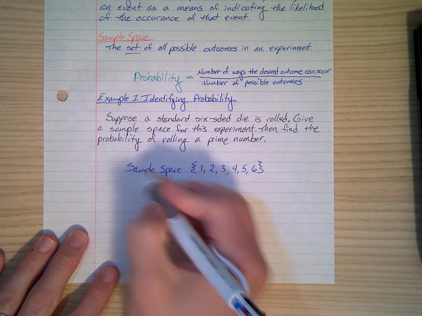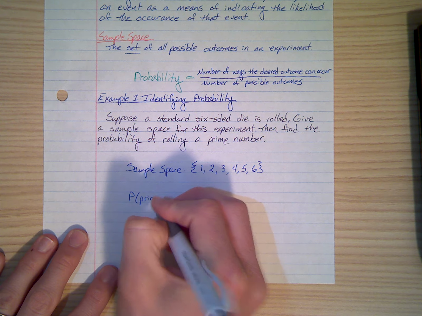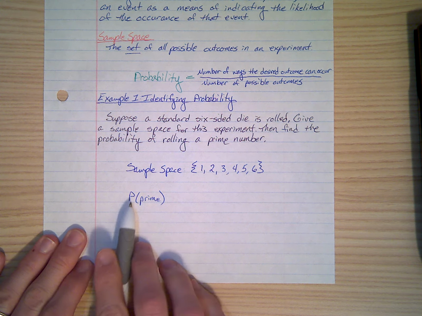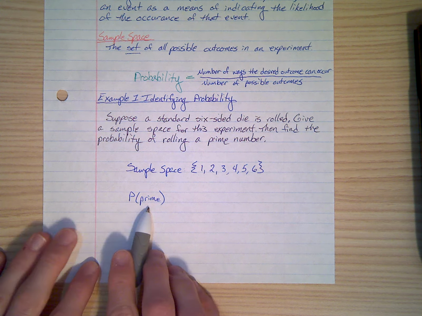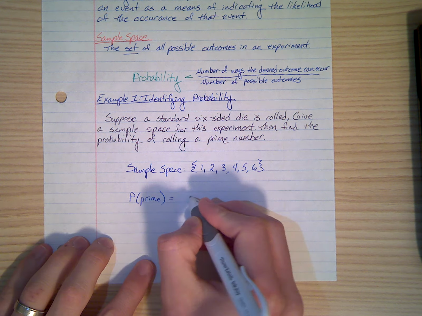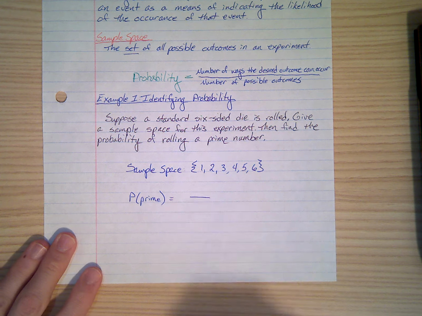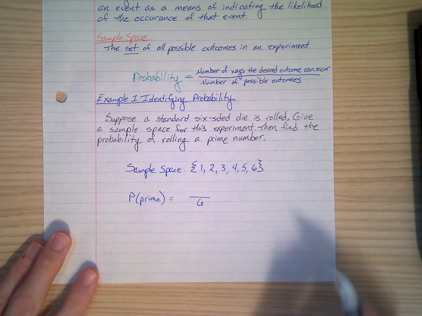Now, to actually find the probability of rolling a prime, this is how it is written. This means probability of your desired outcome, the event, whatever it is that you want. Again, probably easiest to write these as a fraction. The number of possible outcomes in this case would be how many elements are in the sample space, 6.